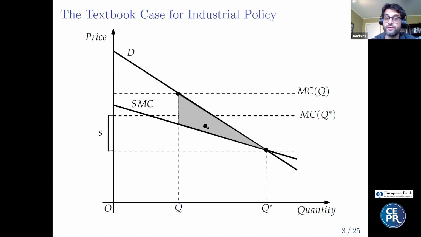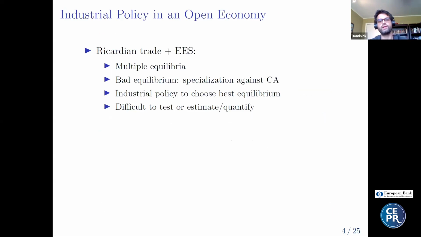And the gains from this are going to be the area of the gray triangle. Okay, so this is a textbook case for industrial policy, providing subsidies to an industry to align private and social incentives.